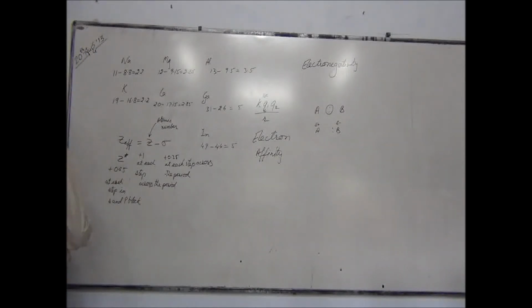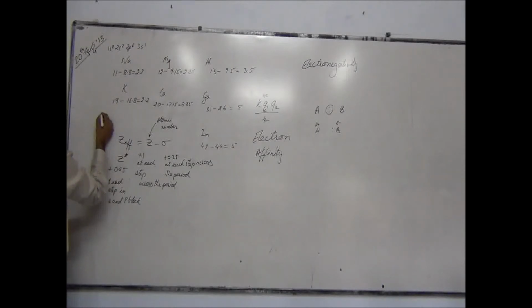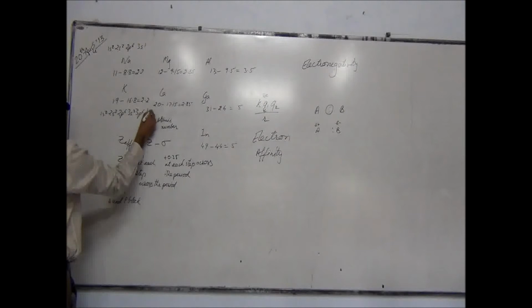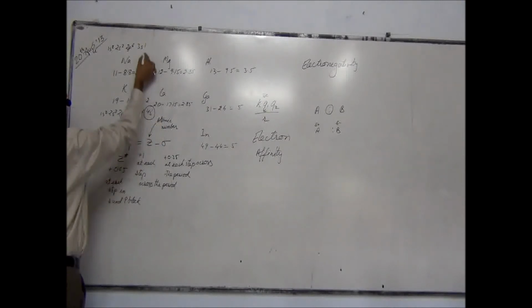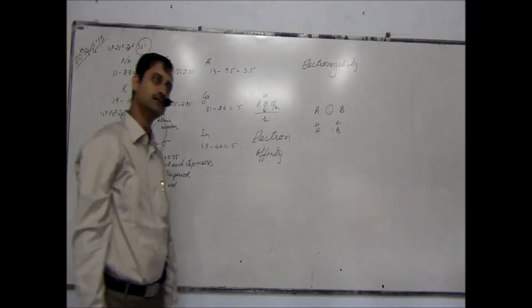Sodium, the configuration is 1s2, 2s2, 2p6, 3s1. Potassium, the configuration is 1s2, 2s2, 2p6, 3s2, 3p6, 4s1. This is the fourth shell and this is the third shell. So when we move from sodium to potassium, an extra shell has been added.